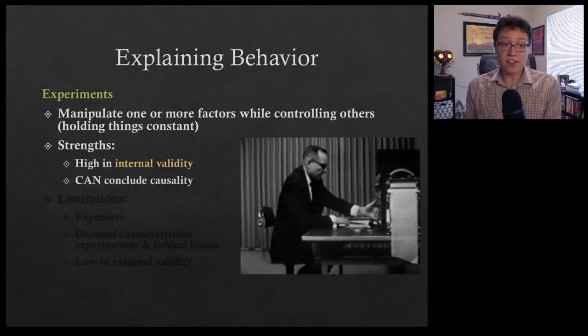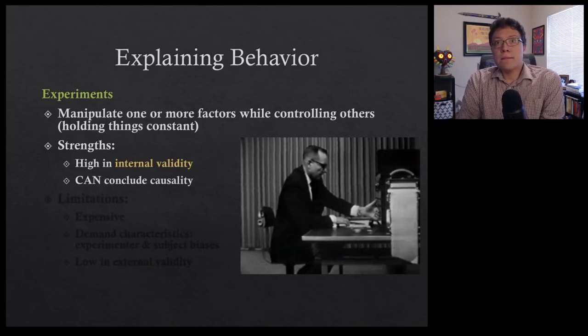Some strengths of this is that it's high in internal validity, and we can conclude causality. If the only thing we're changing is that one variable between the two conditions, it's pretty easy to say that if we have a large enough sample size, then it's probably that difference. So think about it.